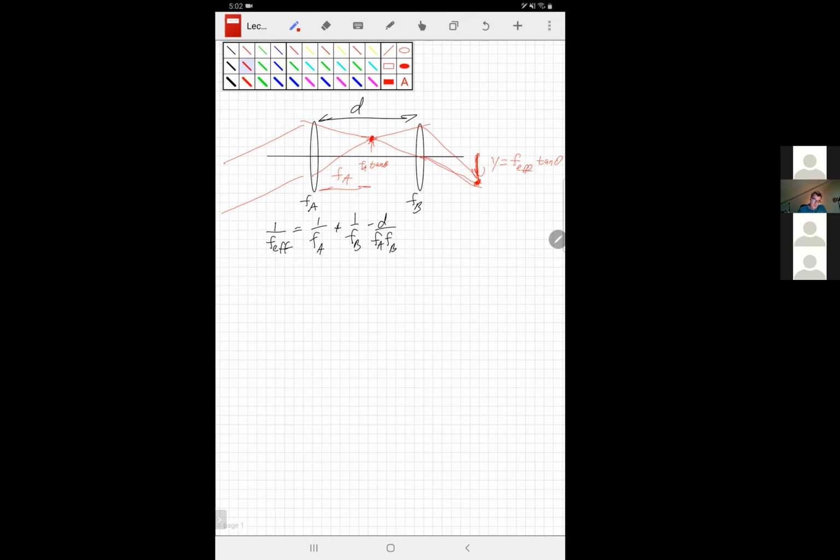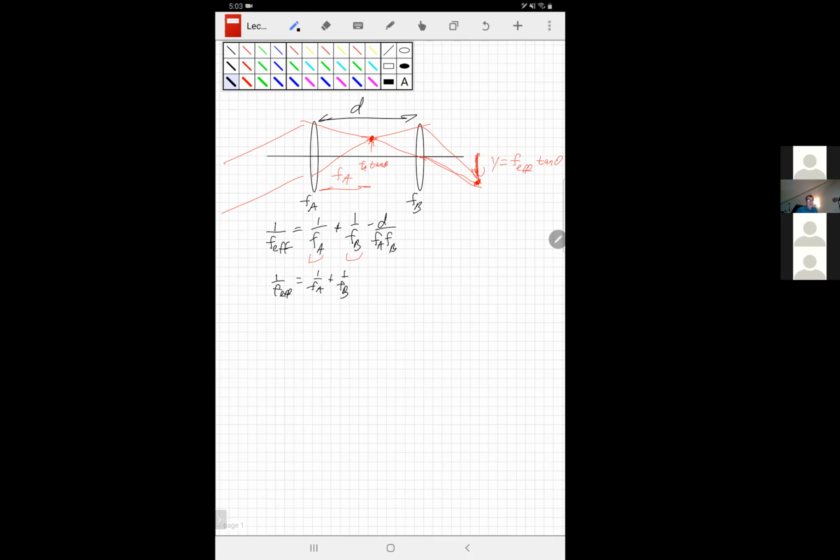So first of all, what happens if the distance between the lenses were 0, and let's assume FA and FB are both positive. That's not always the case, but we'll assume it is here. If the distance between the lenses were 0, then we would just have 1 over F effective equals 1 over FA plus 1 over FB.